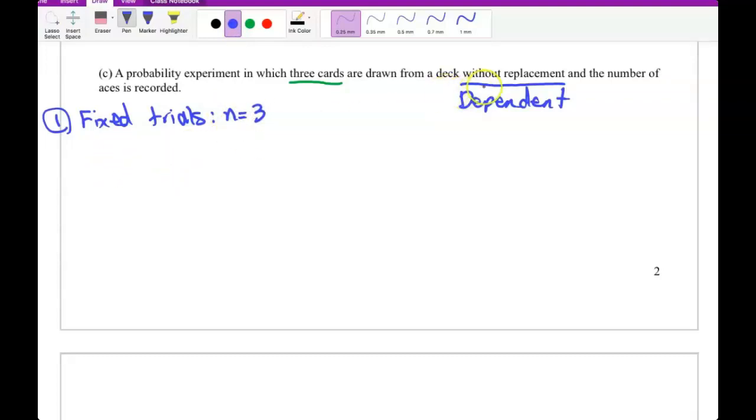And as I said, since this one is without replacement, we don't have independence, so this part is dependent. So do we have independence? No, because of without replacement.